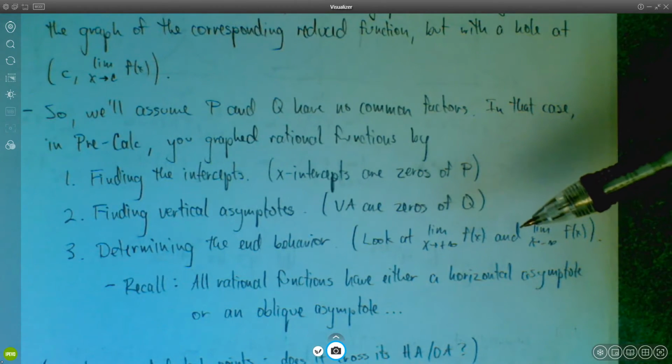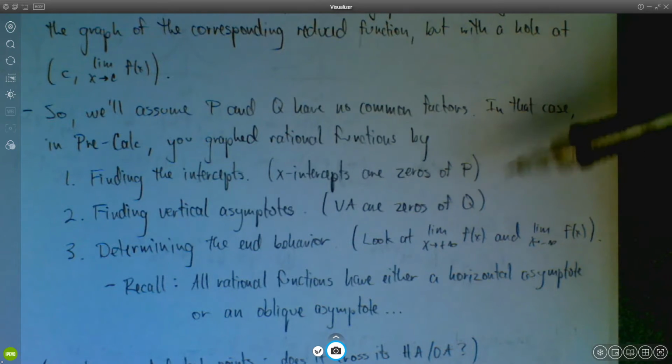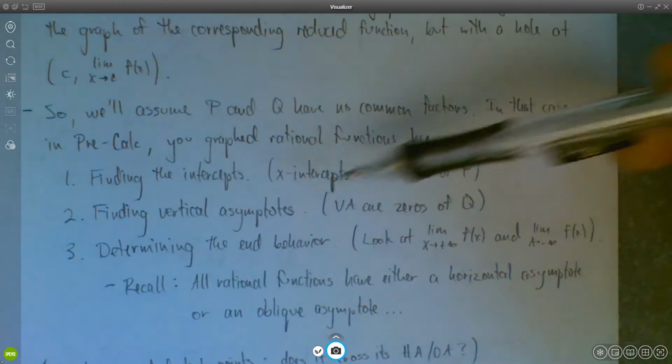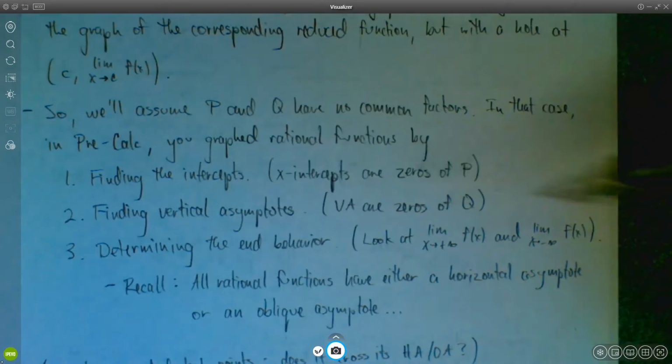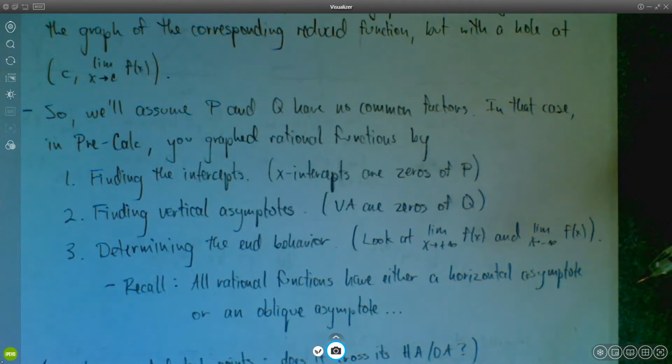And by zeros, I mean the real zeros, okay? You could have a non-real zero, but non-real zeros are not going to show up in the graph of the function in any way. So the vertical asymptotes are the real zeros of your denominator. The x-intercepts are the real zeros of your numerator, okay?